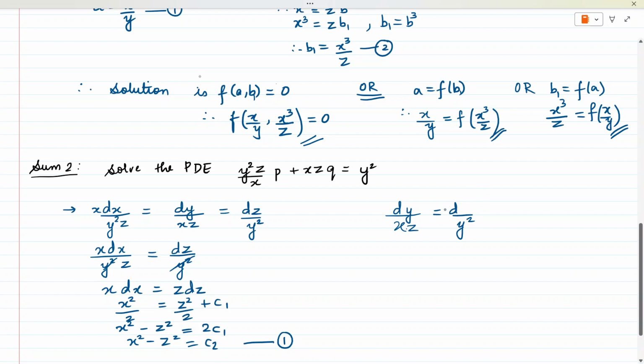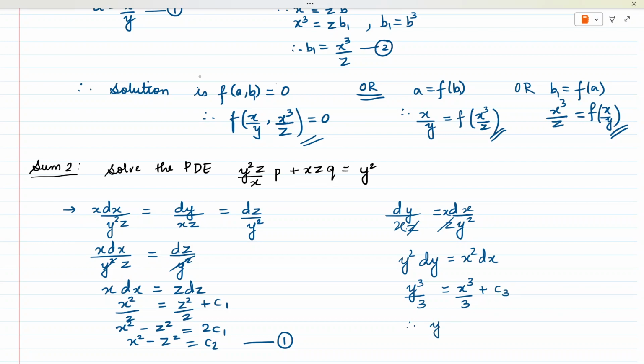So I'm taking the first one, which is x dx upon y square z. The z gets cancelled. And we're left with y square dy is equal to x square dx on cross multiplying. On integrating, I'll get y cube upon 3 is equal to x cube upon 3 plus I can say c3.